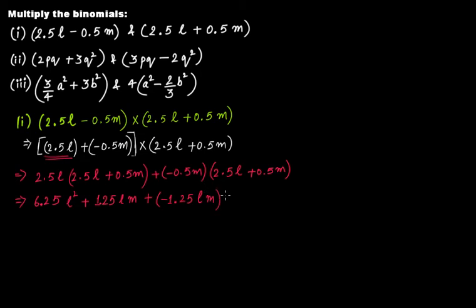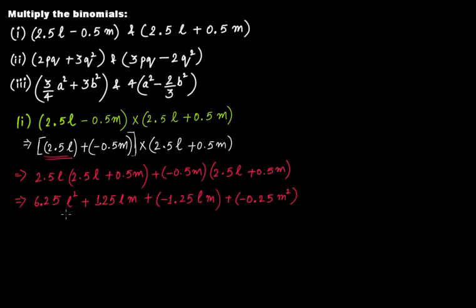Then you have plus. Now minus 0.5 multiplied by 0.5 means what? It means you will have 0.25, that is minus 0.25. Why minus? Because we have minus here, and the multiplication of 0.5 by 0.5 is 0.25. M multiplied by M is M squared, right?